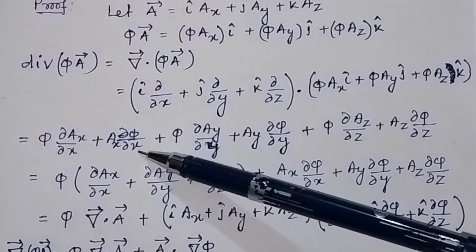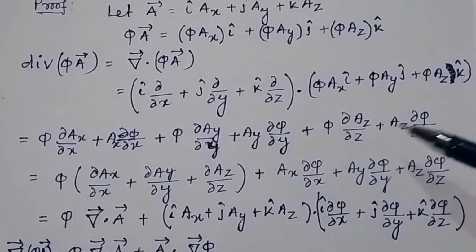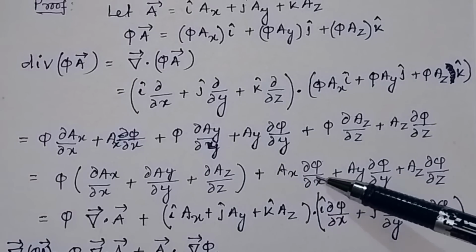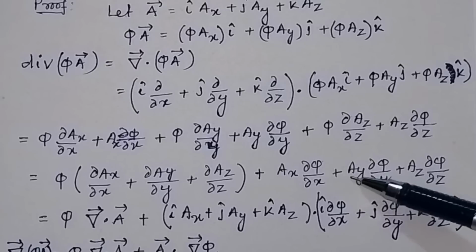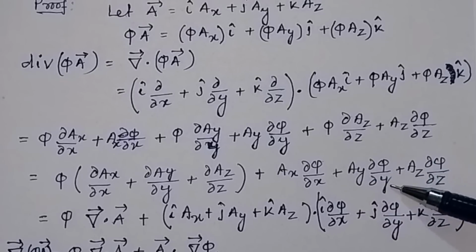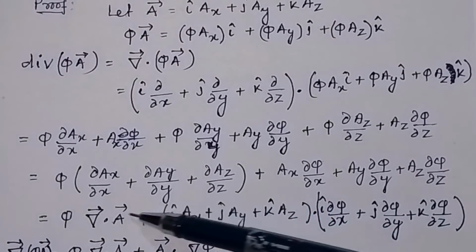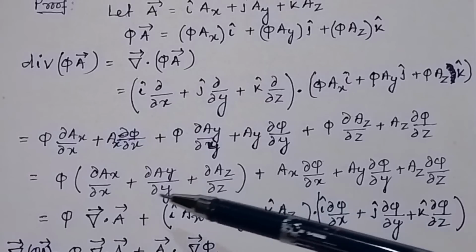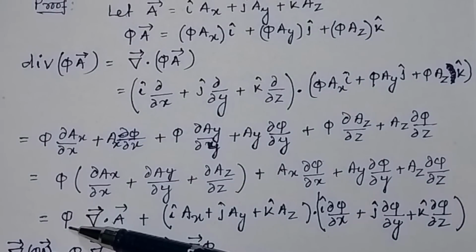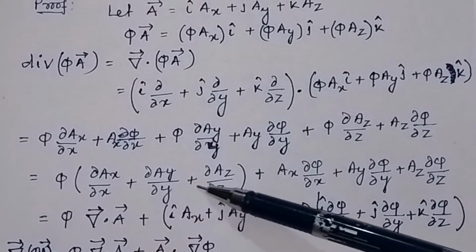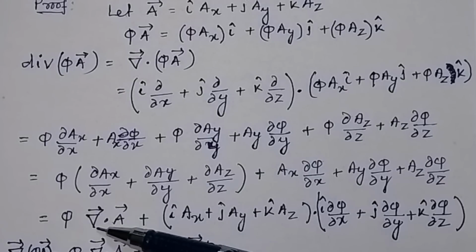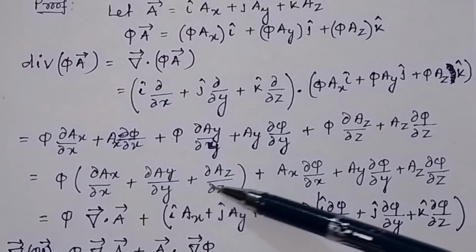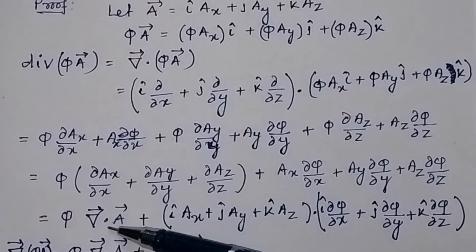Then the other three terms I have written here: Ax partial derivative of phi with respect to x plus Ay partial derivative of phi with respect to y plus Az partial derivative of phi with respect to z. And you see this term is phi into this term; phi is a scalar, so you take it outside, and this is nothing but del dot A. If you take the dot product of del operator with the vector A, you will get this. So this one will be del dot A.